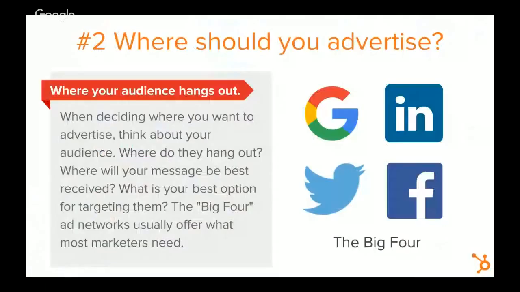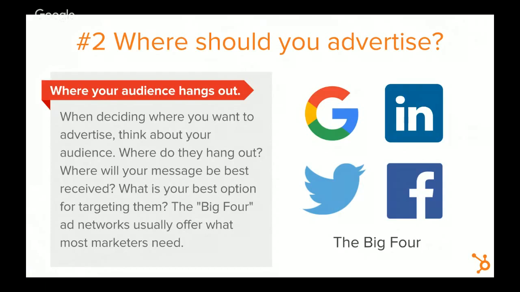But our advice is to really, first of all, advertise where your audience is. That may seem like a no-brainer, but that should always be your guiding light in terms of where you want to spend your money. A lot of the times, a new ad network will come out with a fancy new shiny ad unit or some kind of cool targeting or something really interesting or some kind of crazy mobile solution.